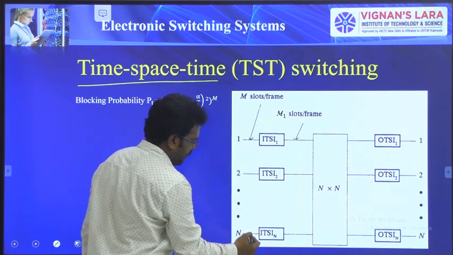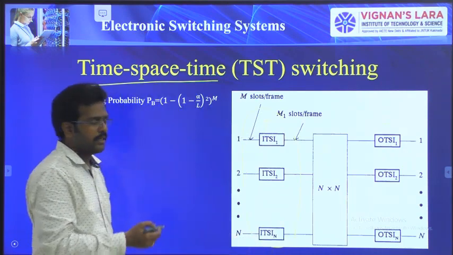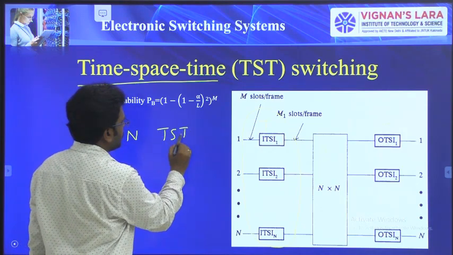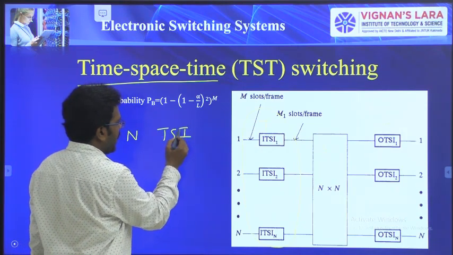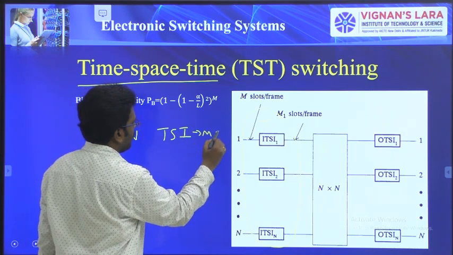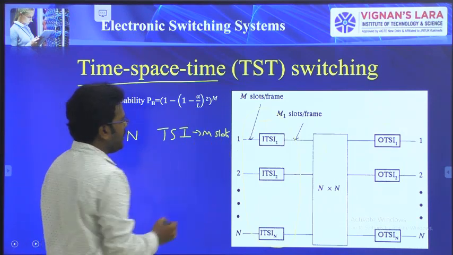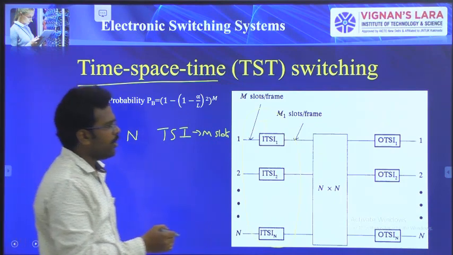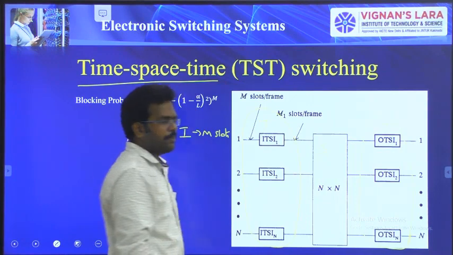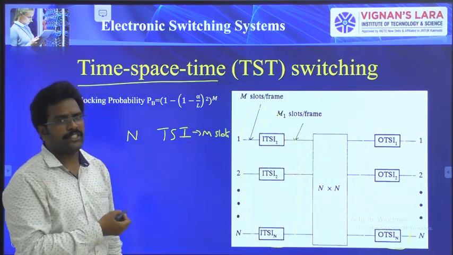Here I am using n time slot interchange units and each has m slots. Similarly at the outlet side also we have to use n TSI switches with m slots each.